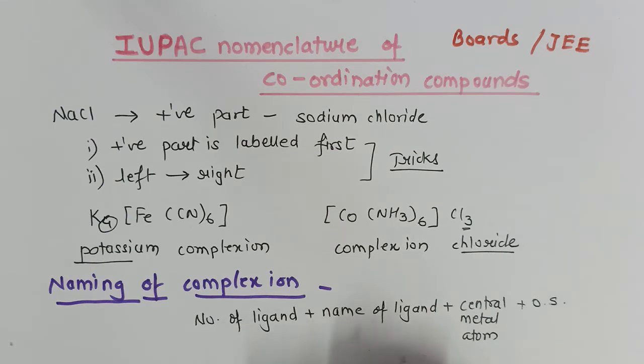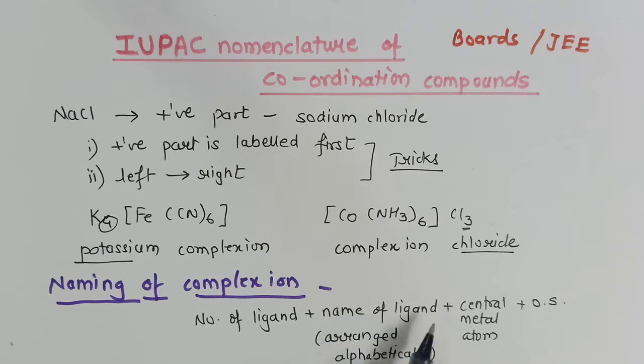The names of ligands should be arranged alphabetically. If you remember this formula, you'll be able to write the name of any complex ion.